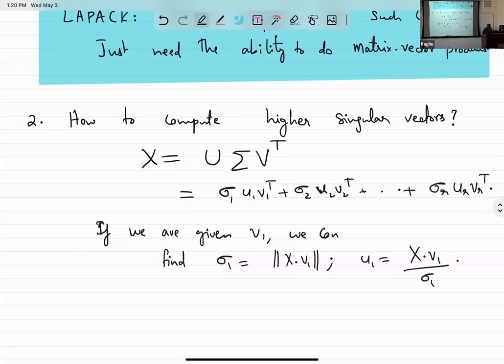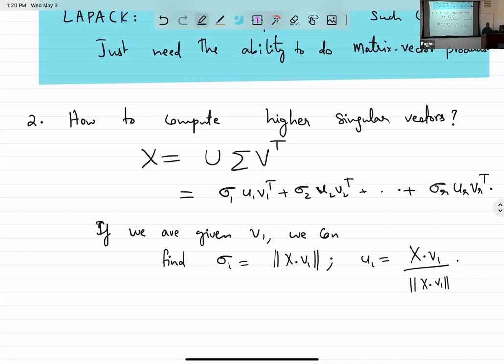We did this last class where we said if I know V, then I can find the sigma and the U. The only thing that we need is V, and I can infer sigma and U from that. So let's say someone gave you V1, you can compute sigma 1 and U1.